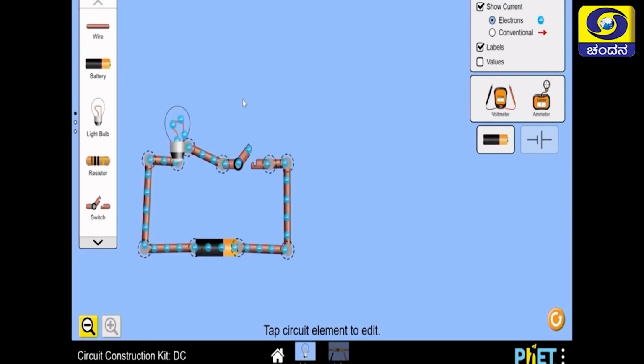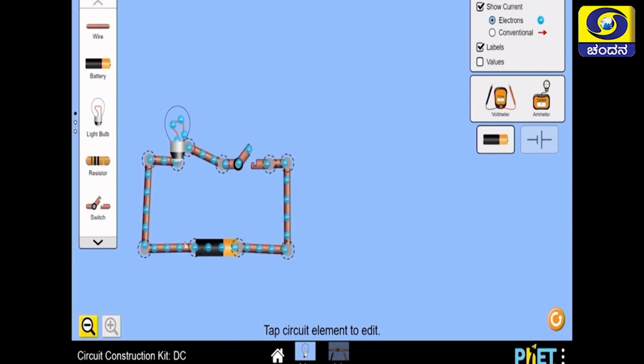Children, now let us see here a simple electric circuit. As you can see here, the electric cell is connected through wires and a switch and a bulb. Here this switch is open, that means electric current is not flowing, and there is the bulb.